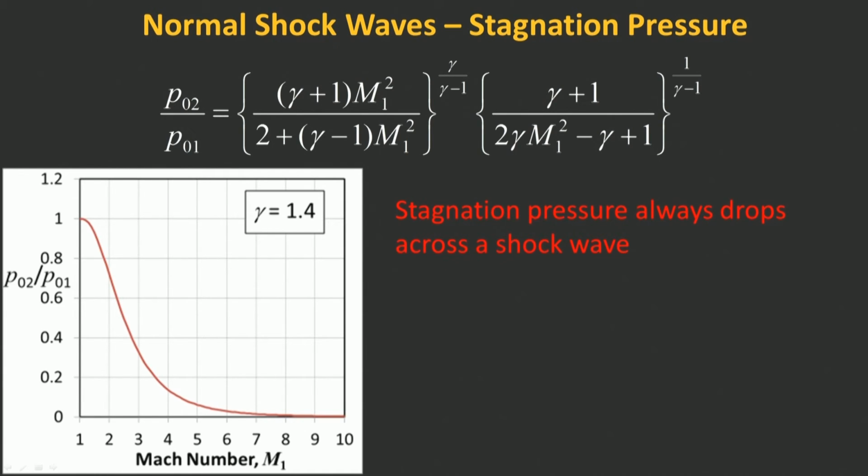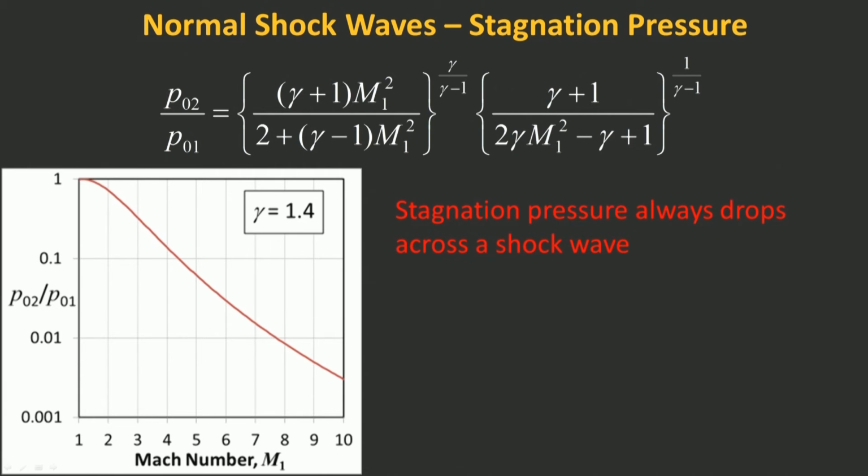For weak shock waves, that's when the Mach number upstream of the shock is near 1, the drop in stagnation pressure is small. However, you can see that we get a really large loss in stagnation pressure when the Mach number gets high. We need to look at this pressure drop on a logarithmic scale so that we can see what happens at high Mach numbers.